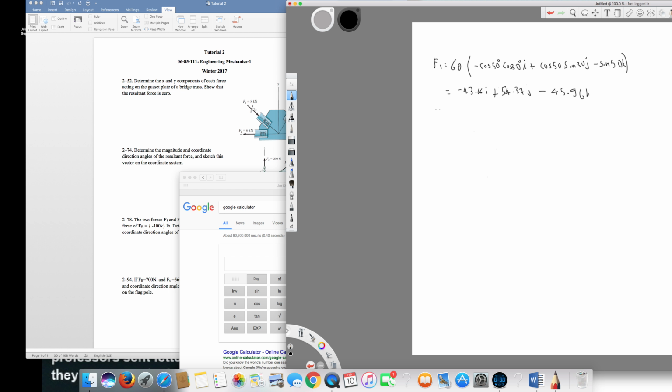And now what I'm going to do is find the f2 components. For the f2 components, we don't know any value, so I'm just going to put the values right here: for the I component I'm going to put f2x I, for the j component f2y j, and for the z component I'm going to put plus f2z k.